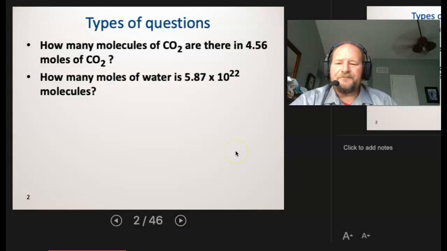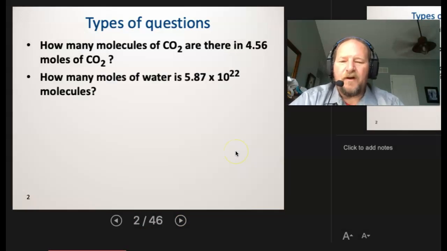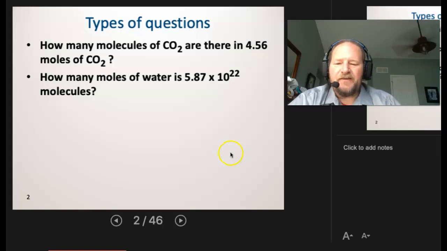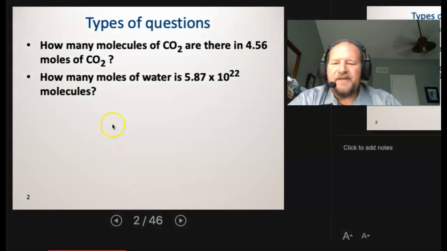How about the next one? We have how many moles of water is 5.87 times 10 to the 22 molecules? So here, we're going to attack it sort of the same way. We're going to start with that 5.87 times 10 to the 22 molecules of water.